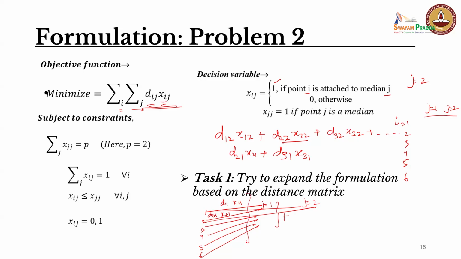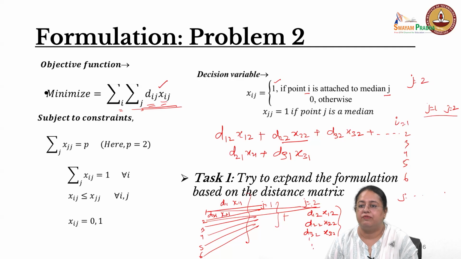Now, what if j equal to 2 is the potential facility? Again, the 1 to 2 distance, x12, the 2 to 2 distance, the 3 to 2 distance, and so on. This also adds into it. Then what if j equal to 3 is your facility? Again, d13, and likewise.